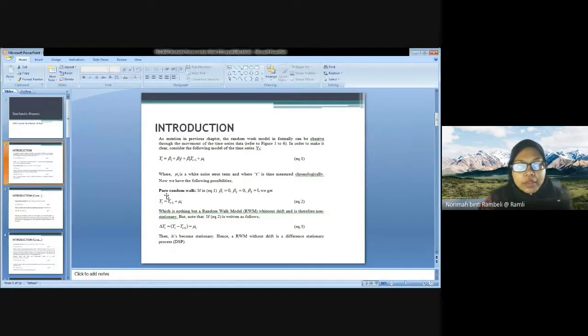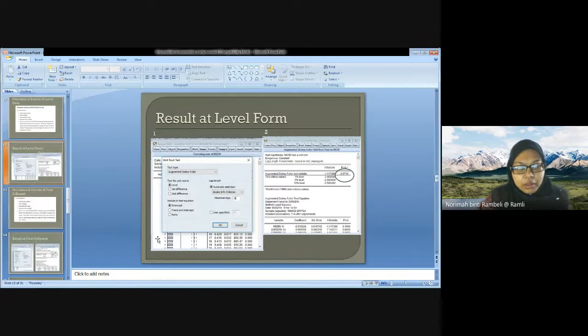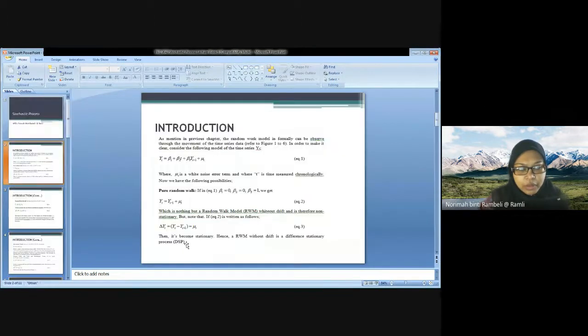Now, what is the pure random walk about? Okay, guys, pure random walk is a random walk model. There are three types of random walk model in EViews. The pure random walk model is the first selection of random walk model, or in the software it is the third selection.